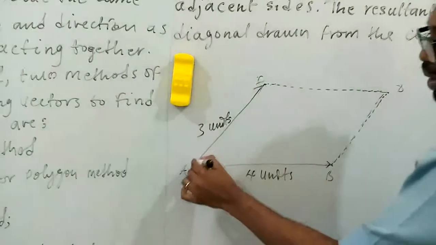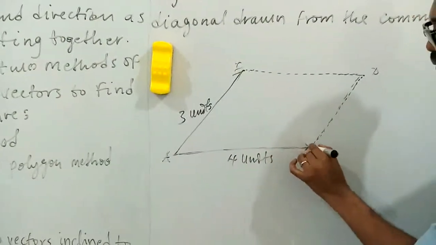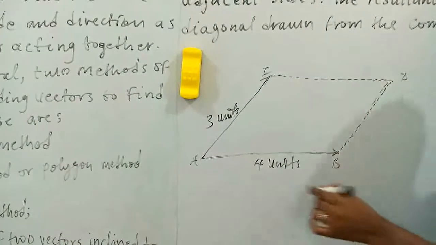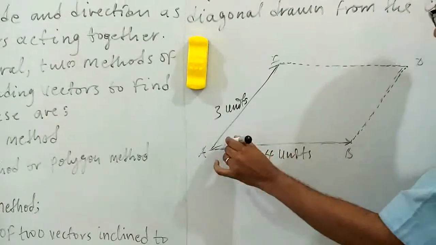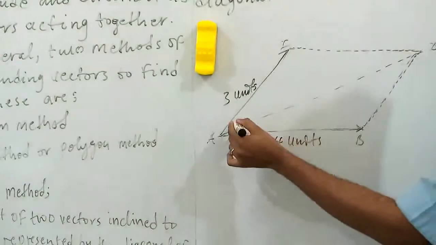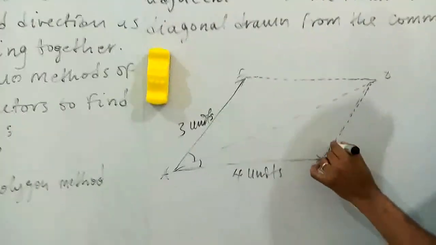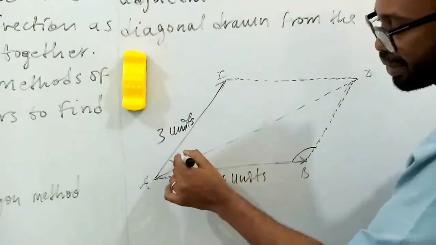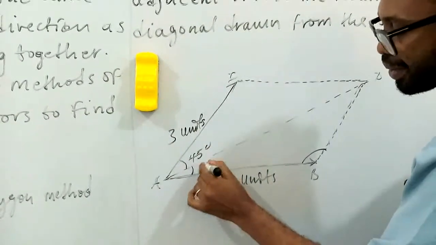Okay. Now, how do you resolve a vector using the parallelogram law? That is what I'm trying to show you. With this, we can take a diagonal. I draw the diagonal of this vector to this point. There's an angle here, and there's also an angle here. If you look at this vector, you discover that this is 45 degrees, this is theta.